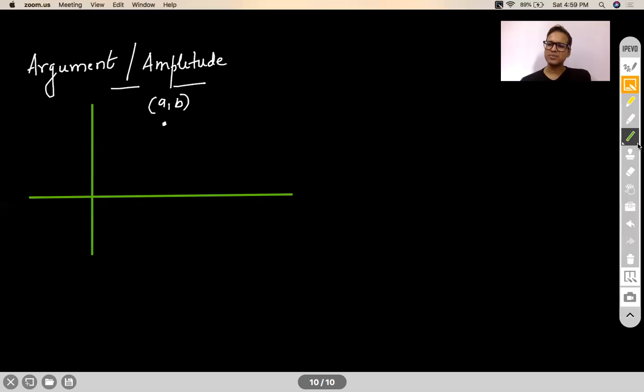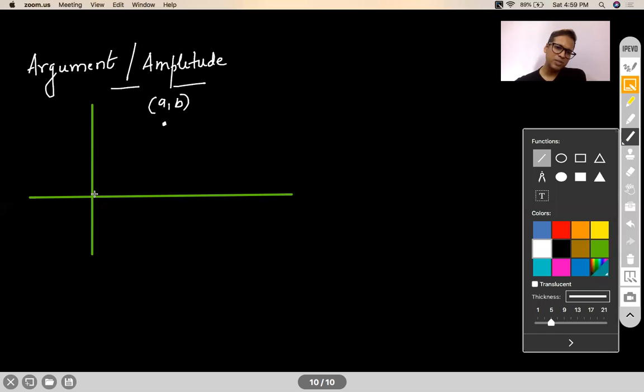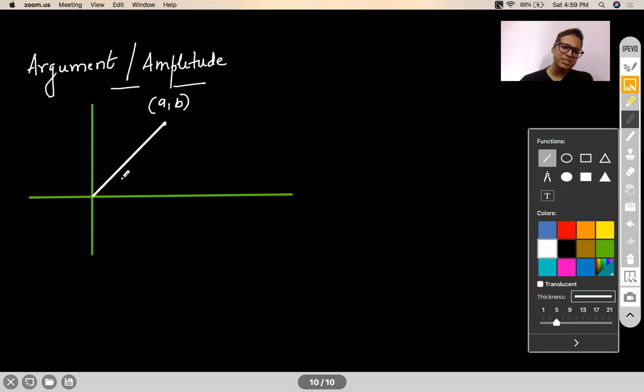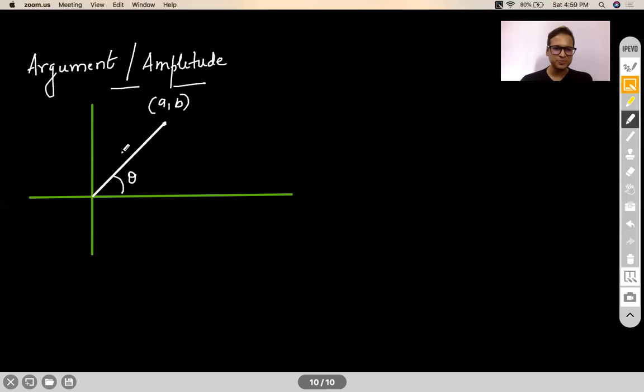And that way was representing how far this point is from the pole and what angle this line makes with the x-axis, right? Do you remember? I said this distance was r and this angle is theta, right? So when you were learning the polar coordinates of a point in trigonometry, this is what we had discussed.